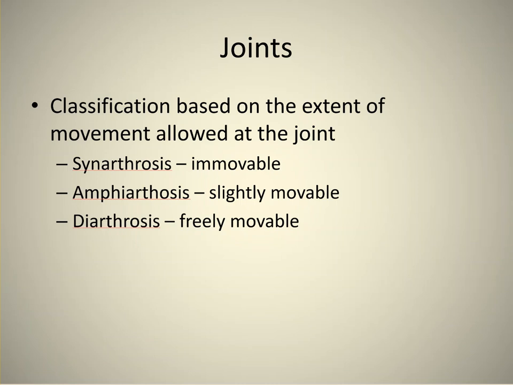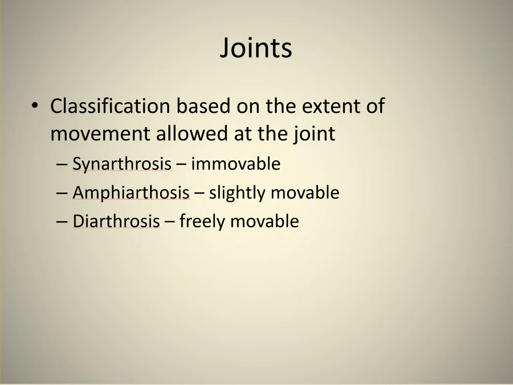Slide 3 is just another way of classifying joints, now based on how much movement is allowed. And we're going to get into some really strange terminology here, a lot of them starting with SYN, a lot of very similar sounding names of joints. And there's just no way around it. You just got to go over them and learn them.